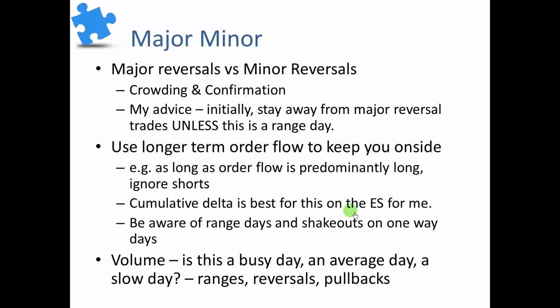And some very, very large players, all they do is look to push people around in those places. Now, if we consider a pullback, a retrace to a step in the intraday profile, that was developed intraday, a minor reversal, I'd consider an uncrowded area where there's not so many people jostling for position, and also not so much opportunity for somebody who's nudging the market around to take a lot of people out.